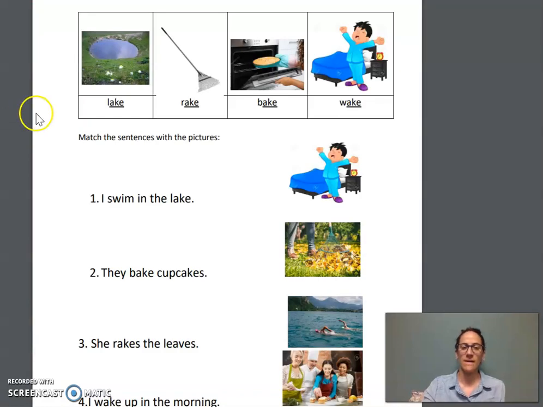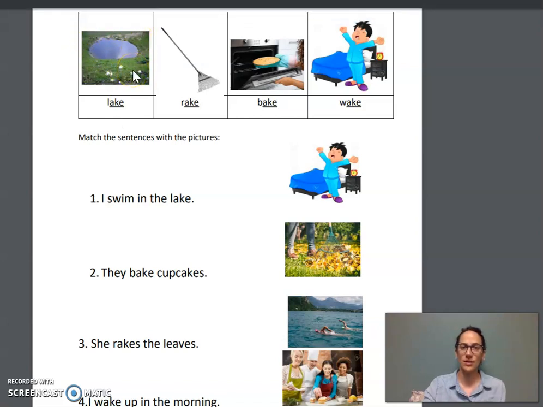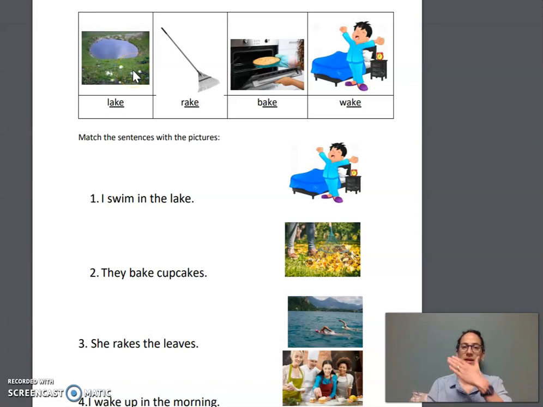Here they are. This word begins with the letter L, makes the L sound with ache. L, ache, lake. A lake is water that's surrounded by grass or the earth. Repeat after me. Lake.